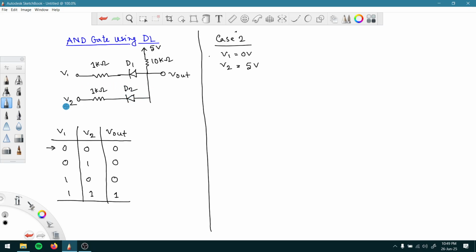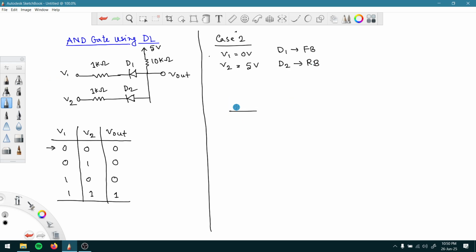So D2 portion can be totally omitted whenever we try to build an equivalent or simplified circuit for this case 2 condition. So first let us write: D1 should be forward biased, and D2 should be reverse biased. Then the equivalent circuit should look something like this.